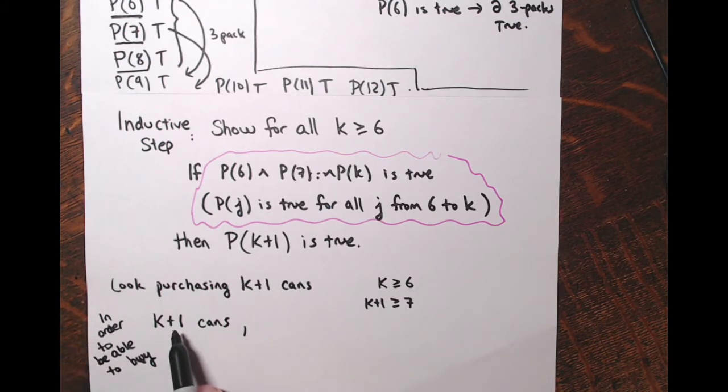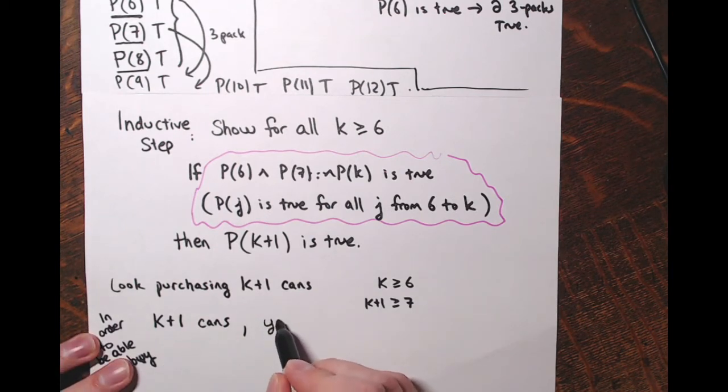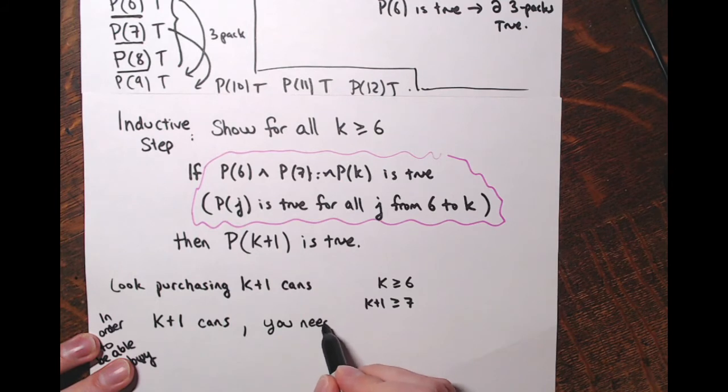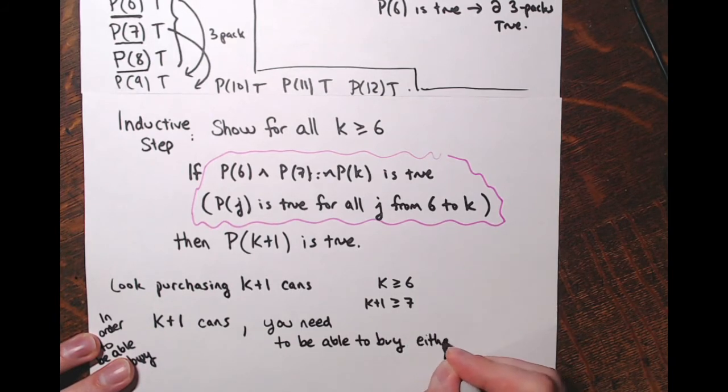Because you can only add on 3 or 4. So you need to be able to buy either k minus 2 cans or k minus 3 cans.